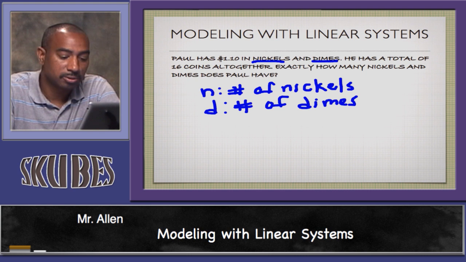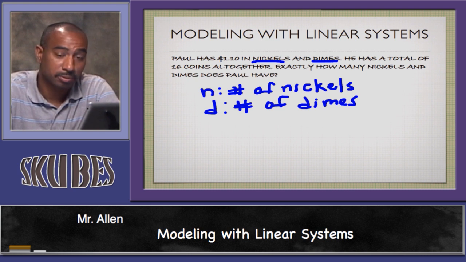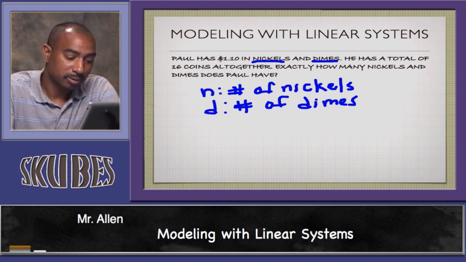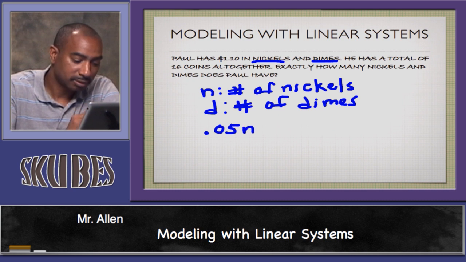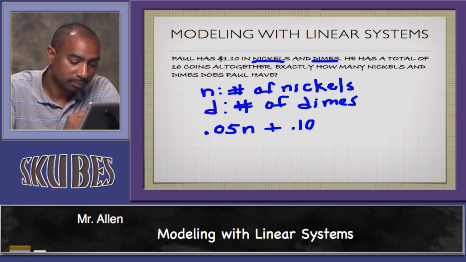And what you have here is two equations. You have two situations. One deals with how much the coins amount to. We know that a nickel is 5 cents per coin, so 5 cents per nickel plus 10 cents per dime.